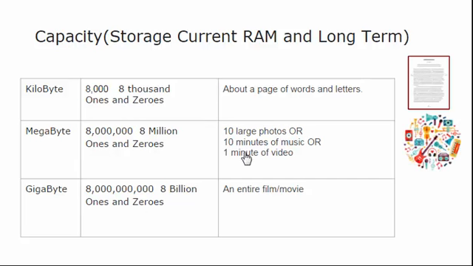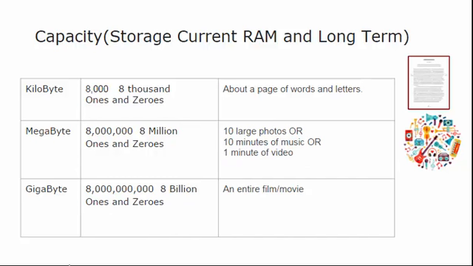Or you might say, no, I want to have 10 minutes worth of music only. That's what you can use the 8 million ones and zeros for. Or you can say, no, I don't want either of those two. I'm going to use up all the 8 million ones and zeros for about 1 minute of video. And that is how much 1 megabyte will allow you to store or keep, approximately.